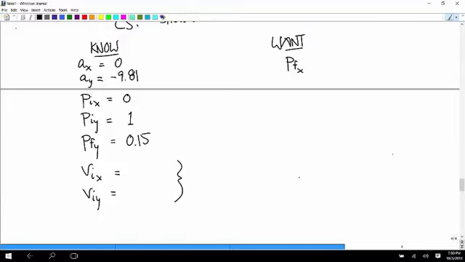And that's horizontal with a magnitude of 5 meters per second. So what are the components of that velocity vector? Positive 5, 0. So 5 for the x component, 0 for the y component. And we don't know anything about the final velocity.